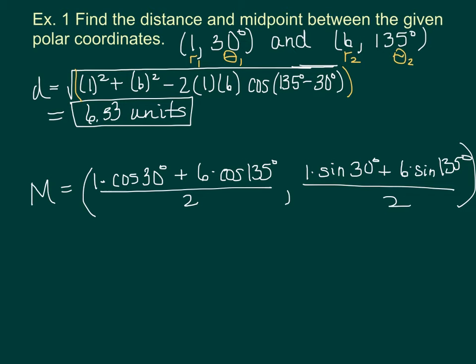Okay, using our unit circle, cosine of 30 would be radical 3 over 2, plus cosine of 135 is the same thing as cosine of 45. It's just negative.